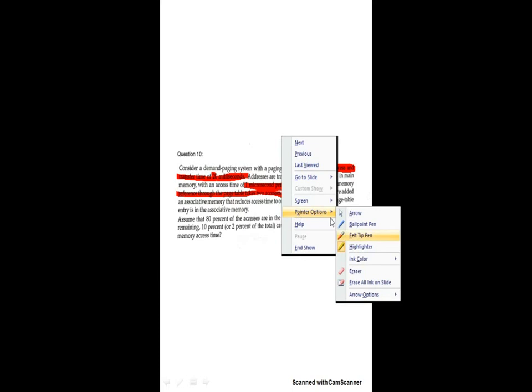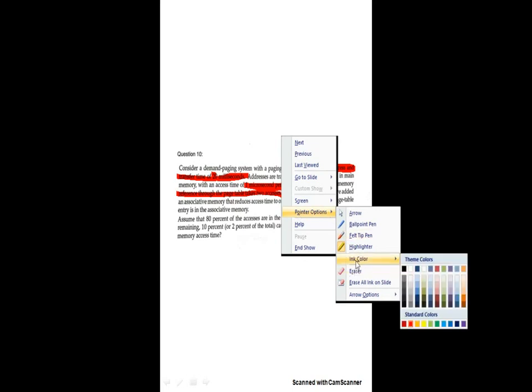Now, to improve time, we have introduced the TLB, translation look-aside buffer, or associative memory. This will improve time and restrict it to only one memory access. So I will ask you one question.